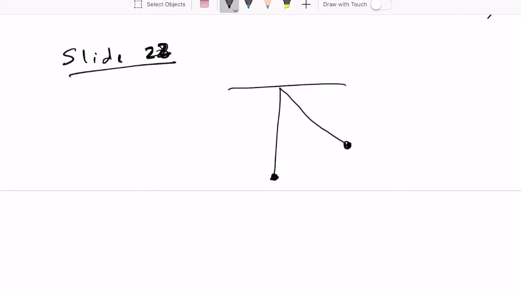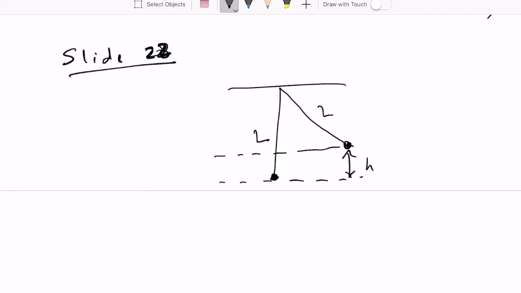The string always remains taut. The question is, how high will the bob rise? The length of the pendulum is L, and you have to figure out this height, h.